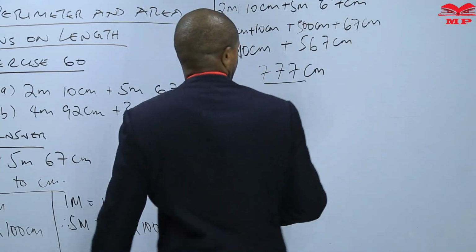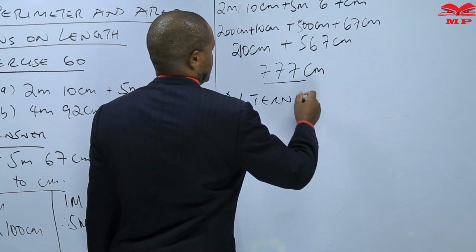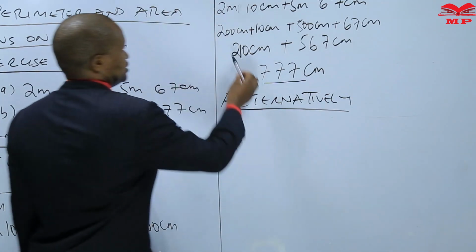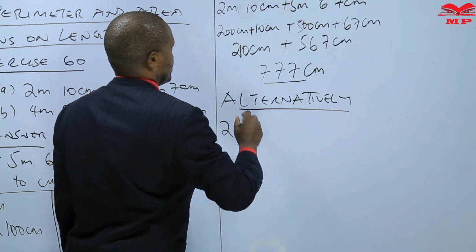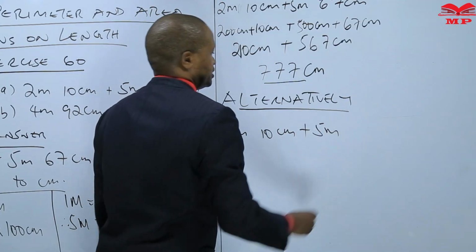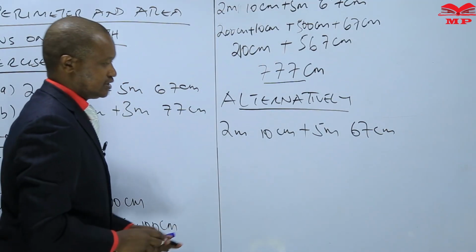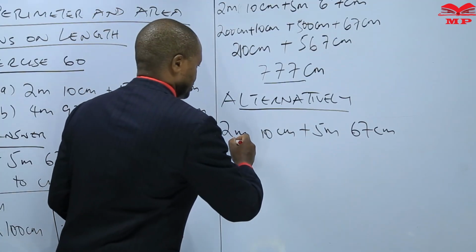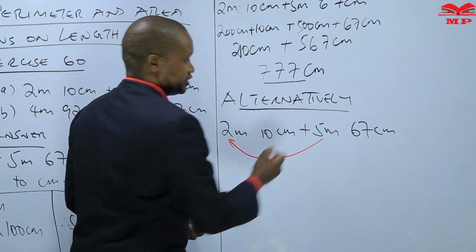Alternatively, if you are given this question, 2 meters and 10 centimeters plus 5 meters and 67 centimeters, if you are to add, then you add the meters. These are meters. This is 2 meters plus 5 meters.